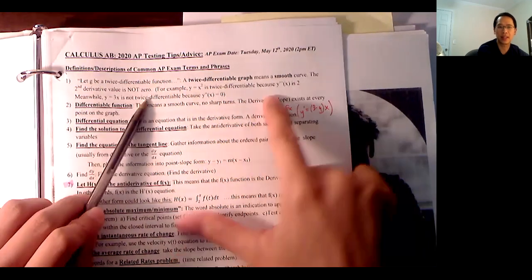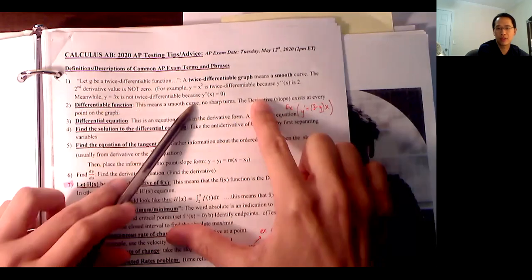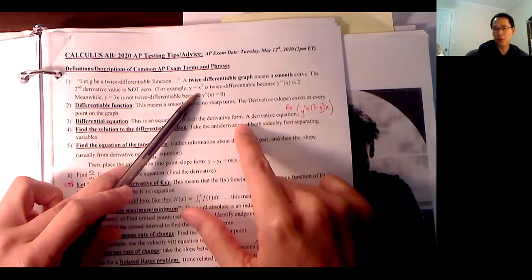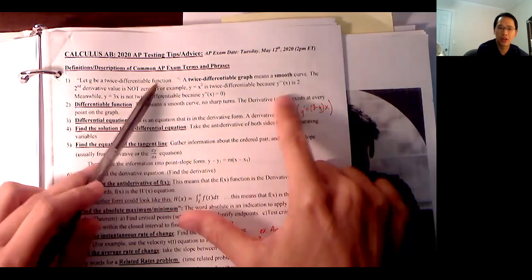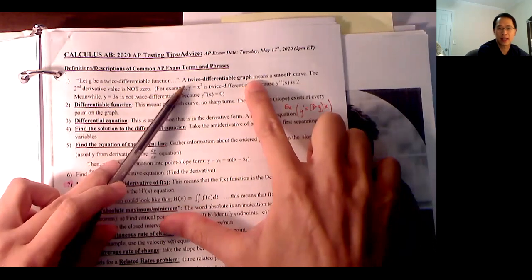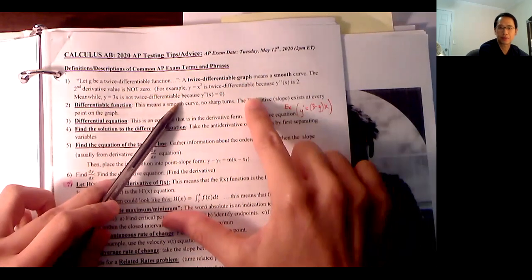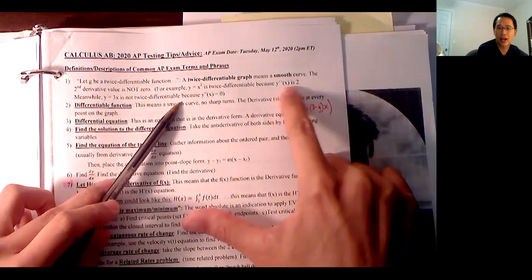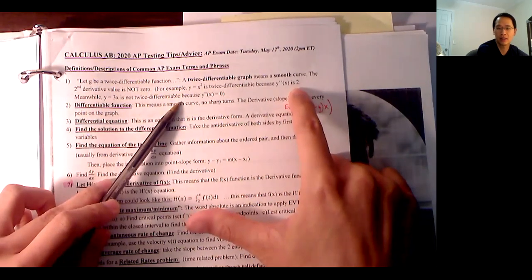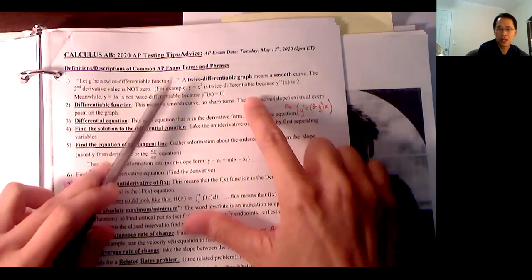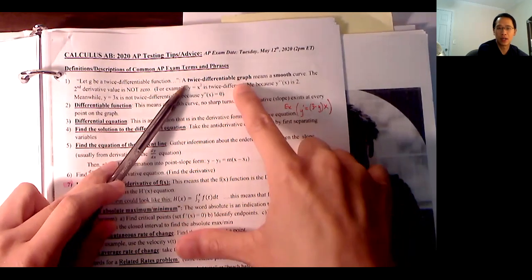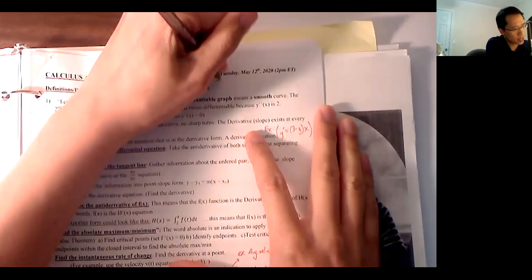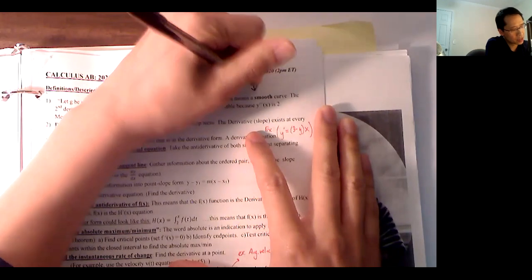Just understand that it's a smooth curve with a degree that's at least x squared, so maybe x cubed, maybe x to the fourth. And the second derivative value is at least a constant, it's not going to be zero. So there's not going to be a straight line or a horizontal line or a graph with an absolute value function, okay? Something that is nice and smooth.